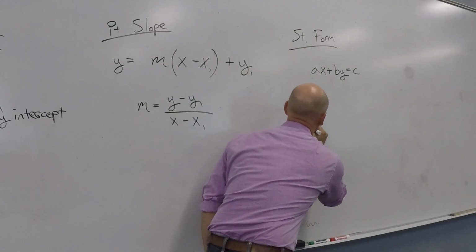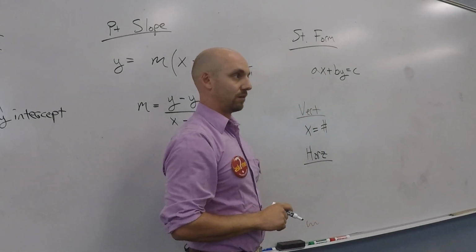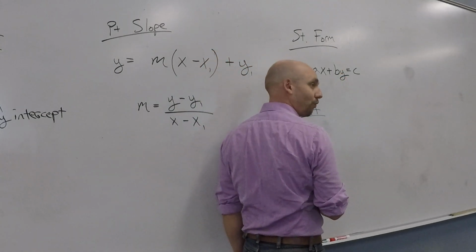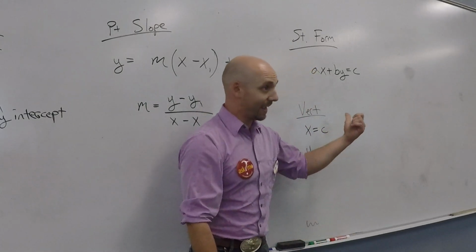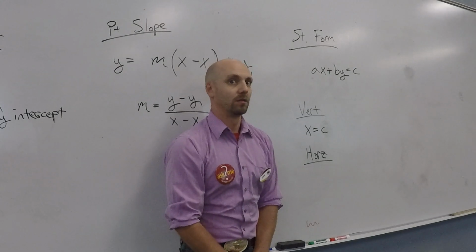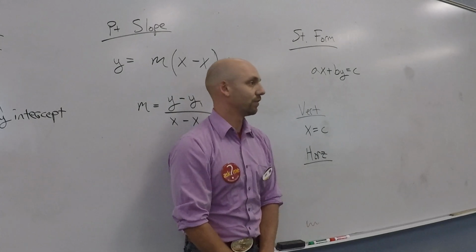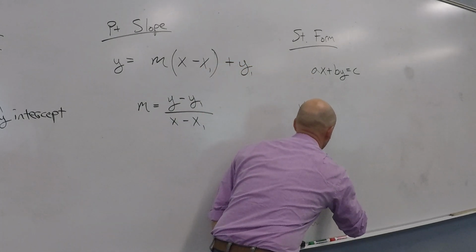So a vertical line is like x equals some number. If I was writing this in standard form, that'd be x equals c. Or ax equals c, right? Those are both standard form. You guys go with that? What about the horizontal? That would be the other one. That would be y equals c.